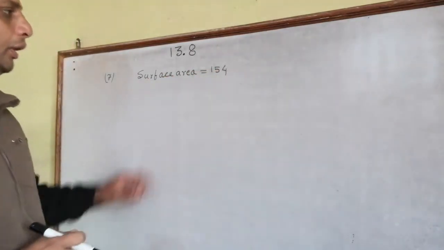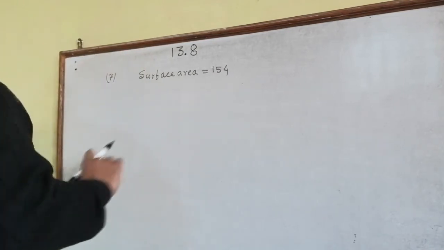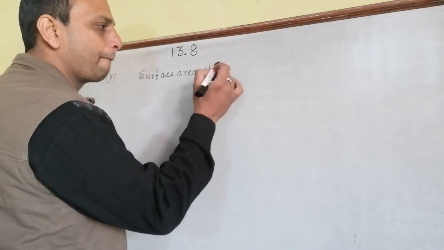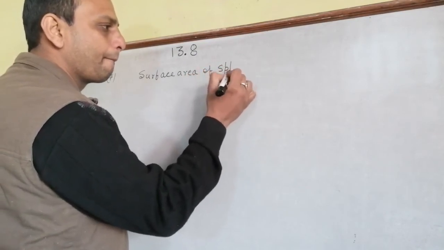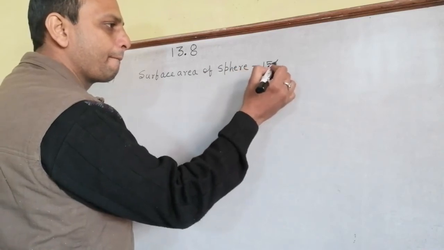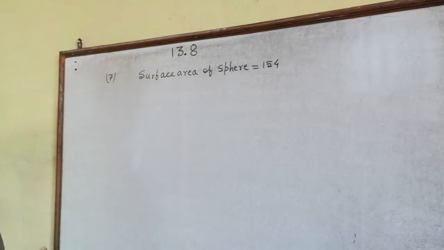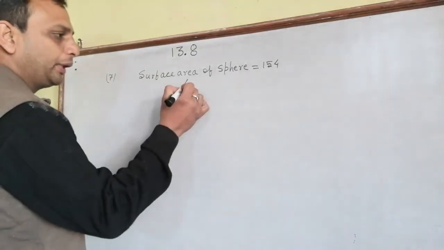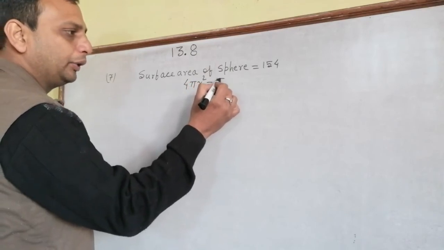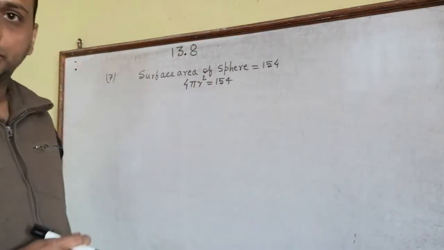Surface area of the sphere is given, 154. Now the surface area of sphere formula is 4 pi r square, that is equal to 154, and we have to find the volume of the sphere.